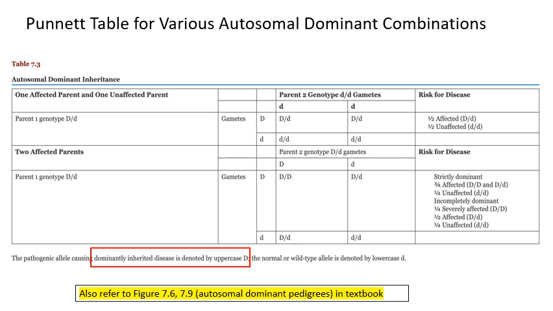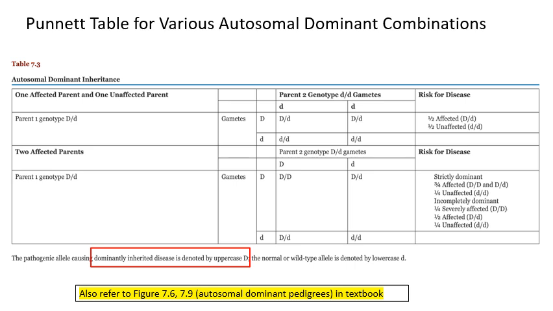So you can see here that there is a 1 in 4 chance, 2 in 4 chance for the child to be affected, so 50% chance, and 2 in 4 chance, or 50% chance, of the child not being affected. So in autosomal dominant conditions, it's a 50% chance of either being affected or not being affected, depending on whether the child has inherited the affected allele or not.